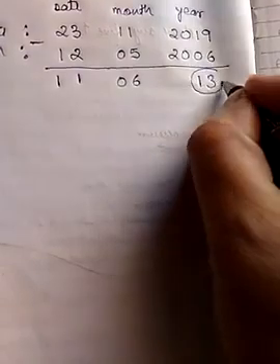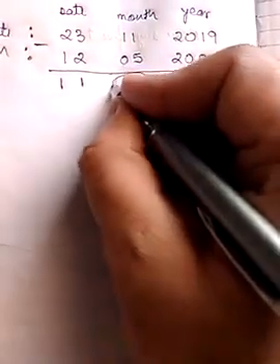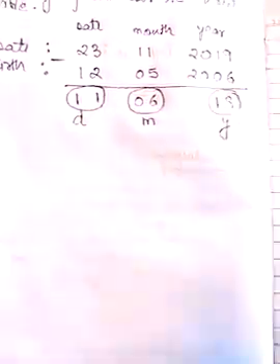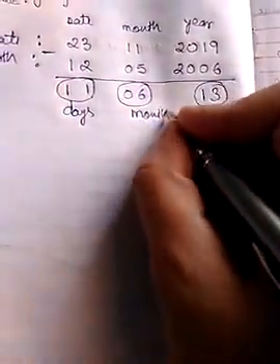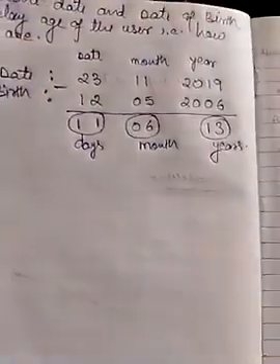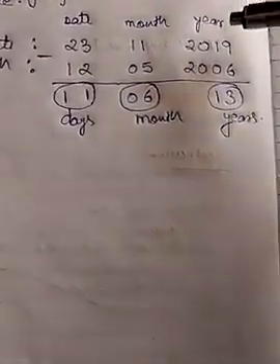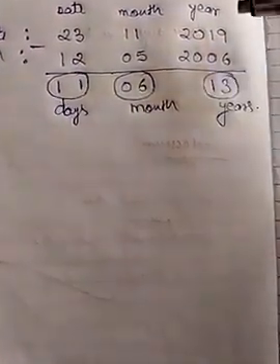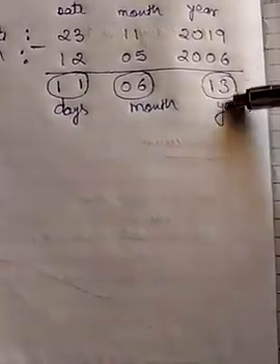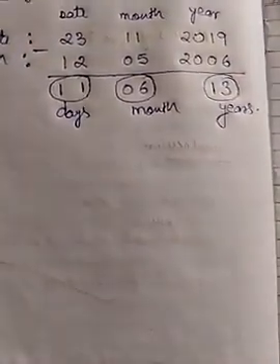Okay, now we can say that the user is 13 year 6 month and 11 days. So we can say that on this date, that is 23/11/2019, the user will be 13 year 6 month and 11 days old.